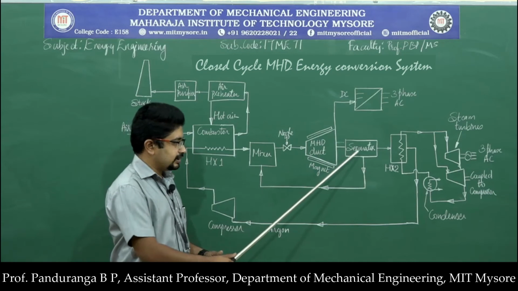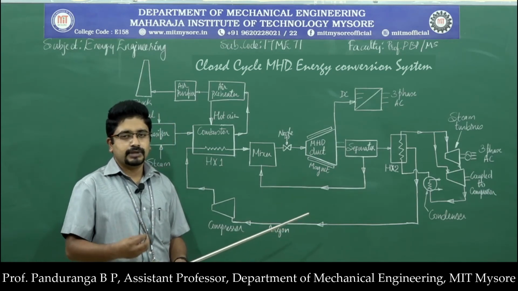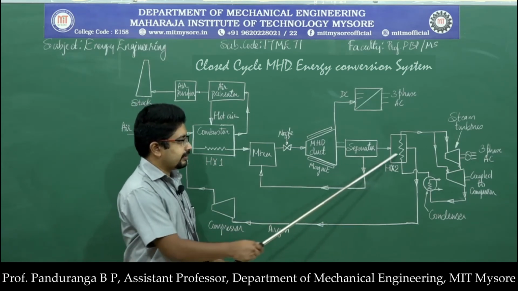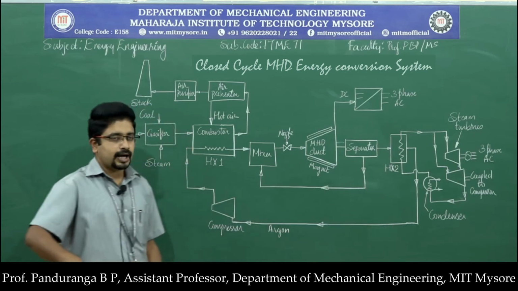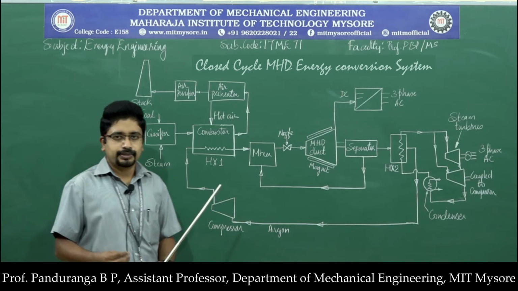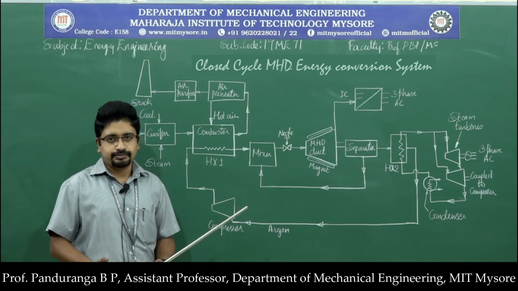A separator is a device where we are going to remove the seeding material, because after this the argon gas will pass through heat exchanger 2 and compressor. In the compressor, if the seeding particles are present, then the blades of the compressor get eroded at a faster pace.